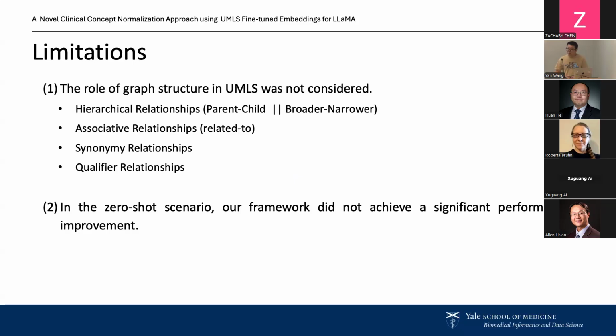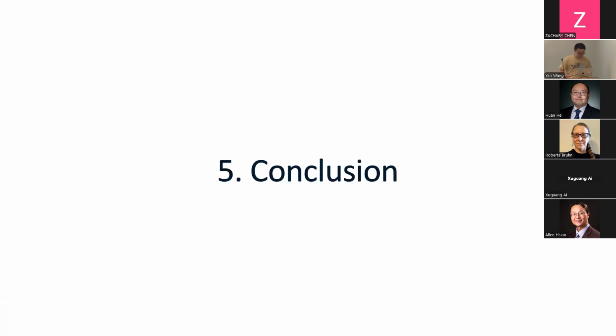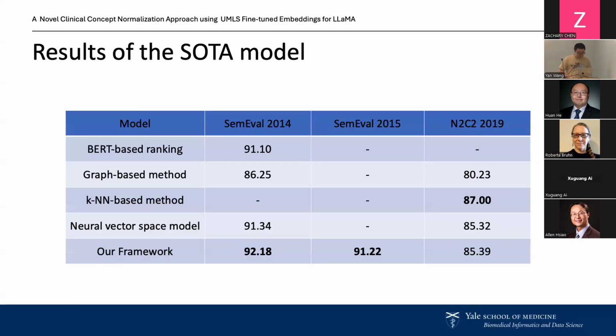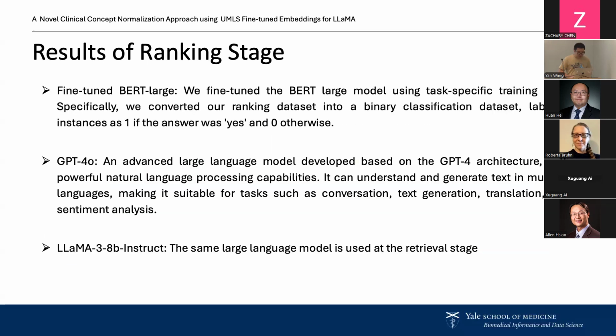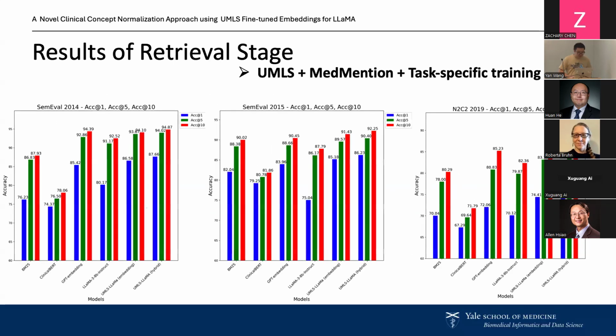Do you have the result for this zero-shot scenario? In your previous table, do you have a result showing the zero-shot scenario, which is basically just using the LLaMA index, right? The UMLS. Yeah, because I just regarded that. Do you have the numbers for that zero-shot scenario? I have to test the actual zero-shot scenario.